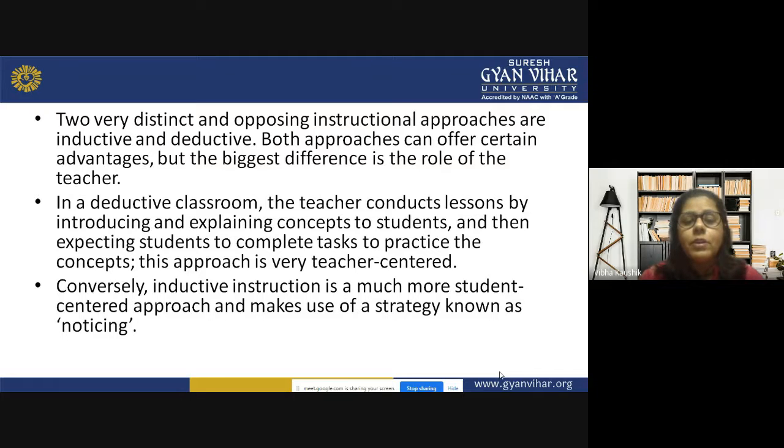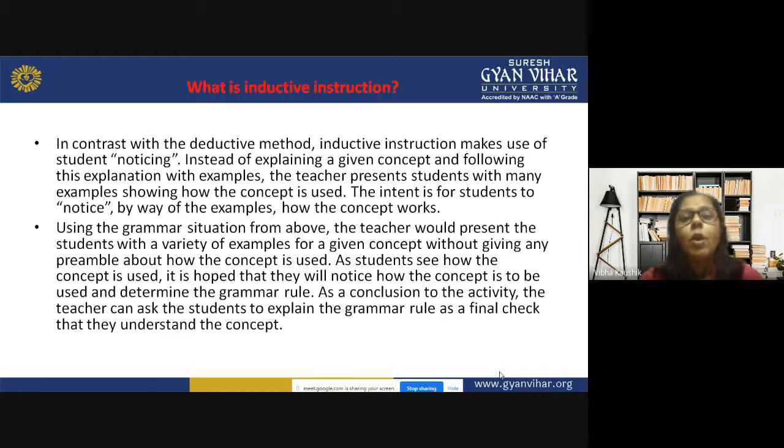Conversely, induction is a much more student centered approach. When the teacher is using inductive instruction to teach the students, it is a more student centered approach and makes use of a strategy known as noticing. Now, what is inductive instruction?